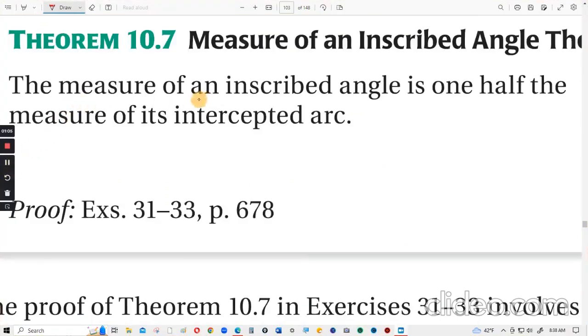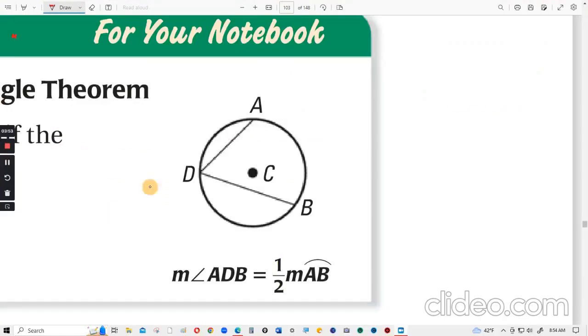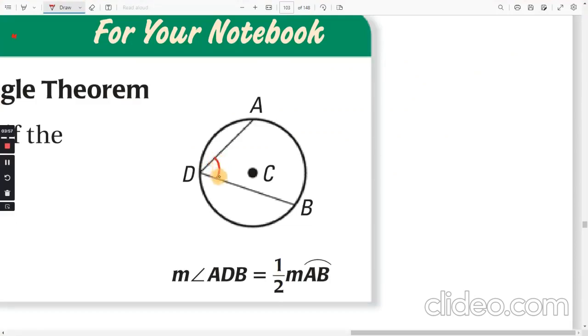The measure of an inscribed angle is 1/2 the measure of its intercepted arc. So this right here is the inscribed angle, ADB. And this right here, going from point A along the arc to point B, is the intercepted arc.